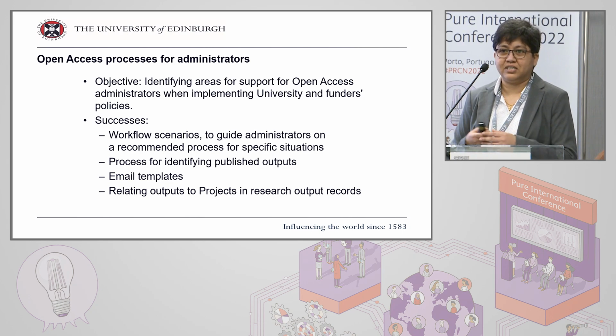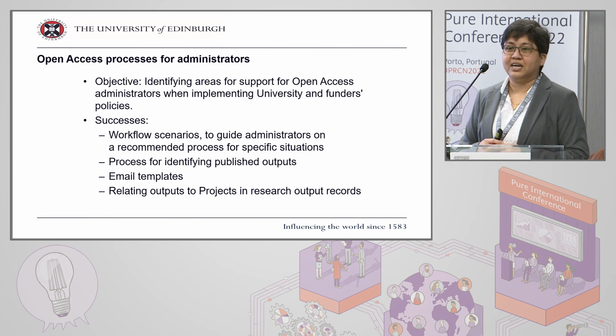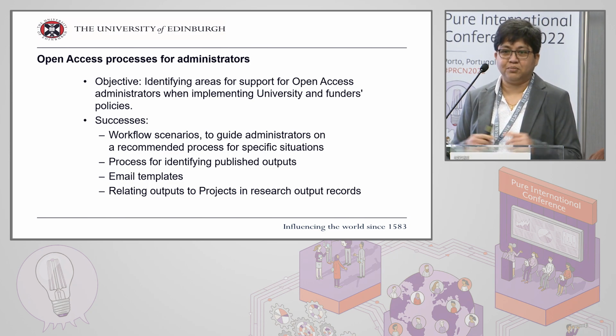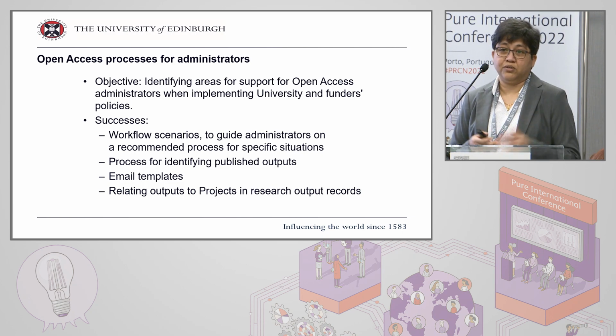I don't know if this is the case for your institution, but we rely on academics to tell us when they've submitted or had an output published or accepted. Sometimes that doesn't happen, so we created a process to identify outputs. We've also created email templates so that people didn't have to create things on the fly. They could rely on a database of resources or emails to pull through and just use.